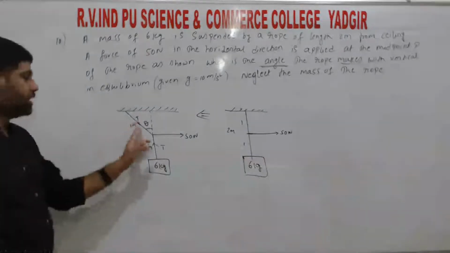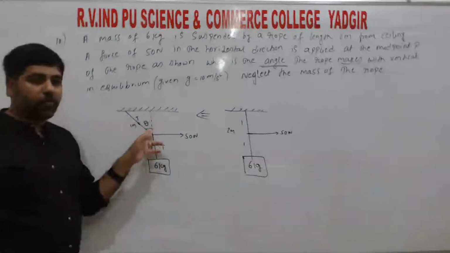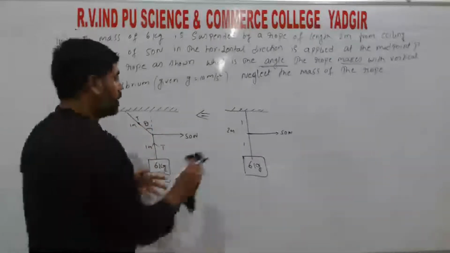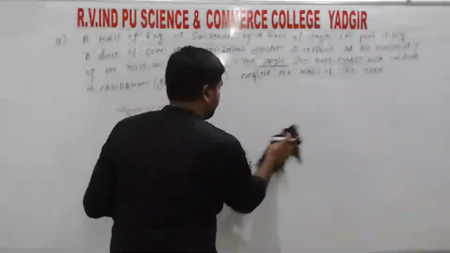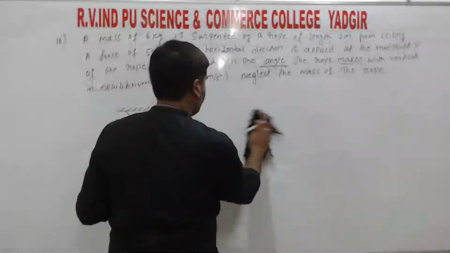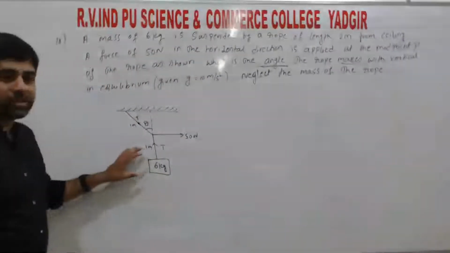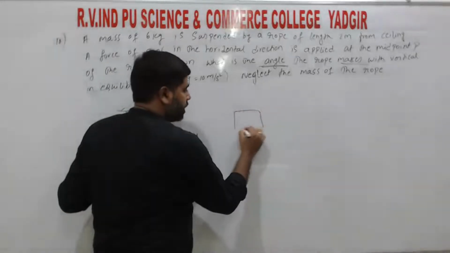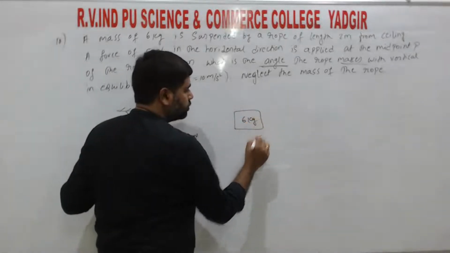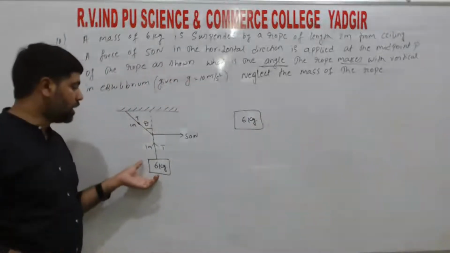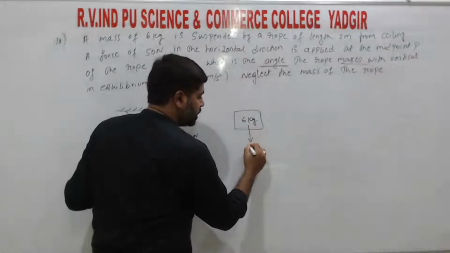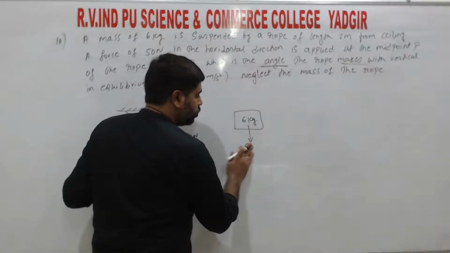So again, by using the free body diagram, we divide it into two cases. In the first case, applying the free body diagram for the load or mass, the 6 kg mass, we have m into g.